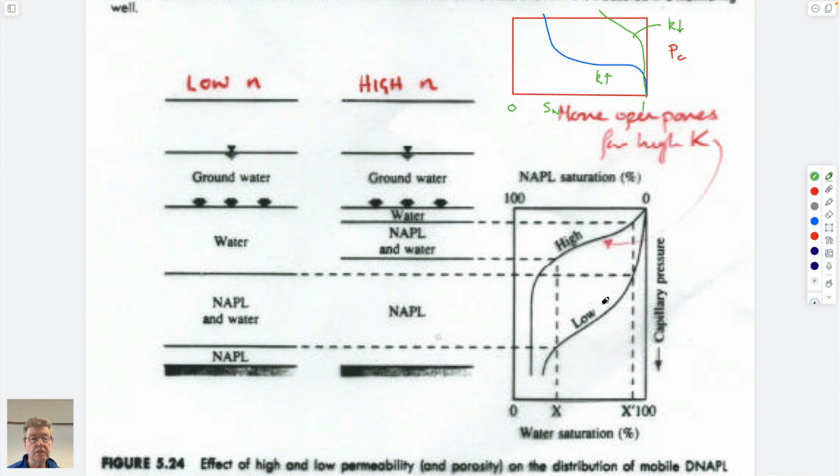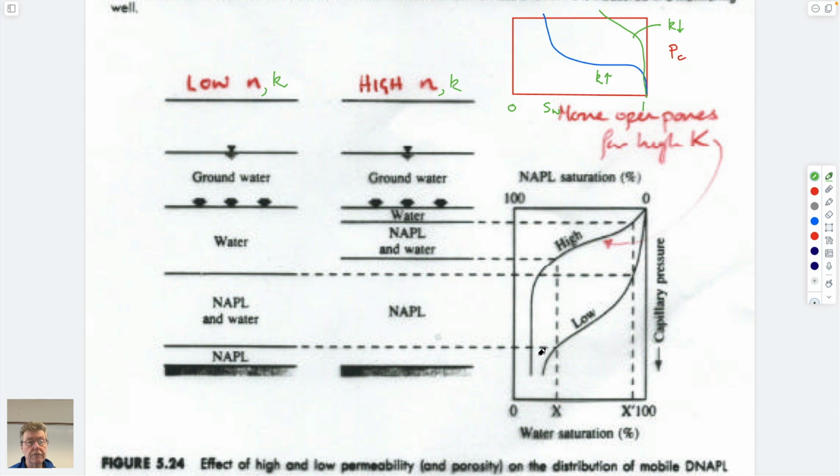And so these two systems represent here low porosity, but actually really probably it's low permeability, and it's high porosity. And so these also say something about the distributions of the fluids in the subsurface.